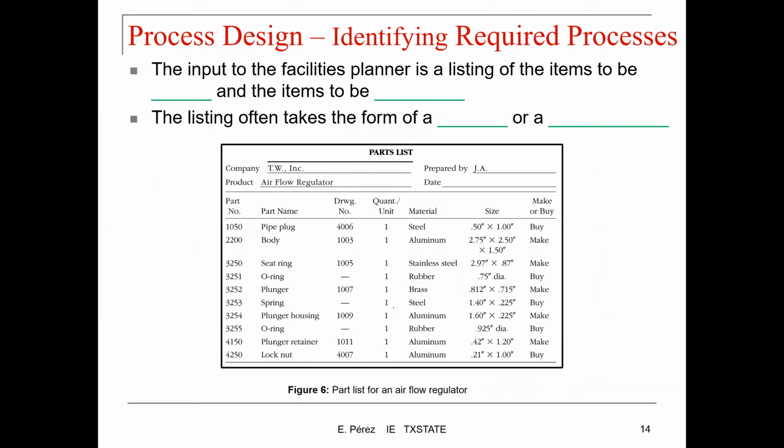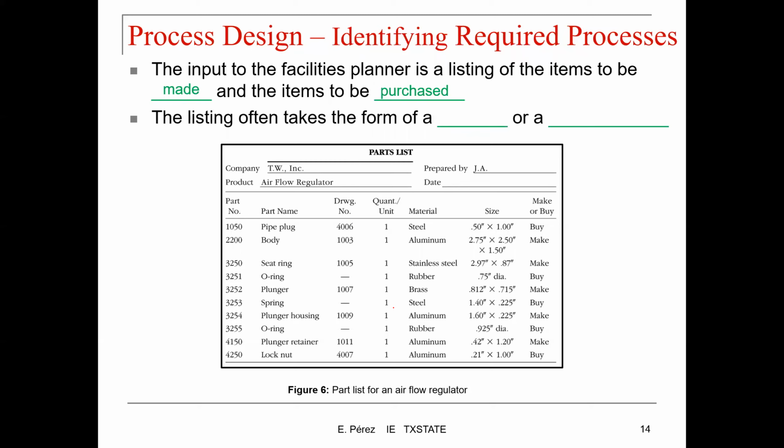So moving forward, the input to the facilities planning is a listing, and we're still talking about product design, identifying the required processes. The input to the facilities planner is a listing of the items to be made and the items to be purchased. So I'm designing the facility.